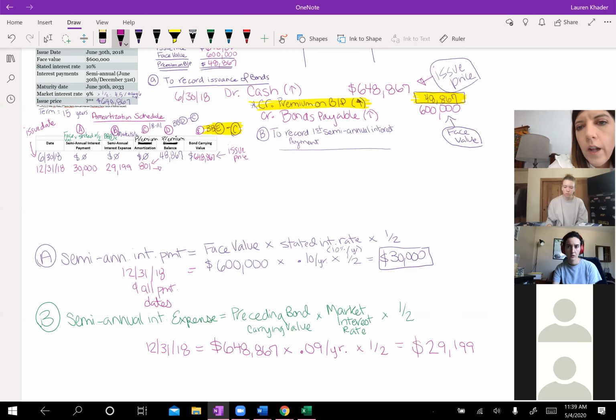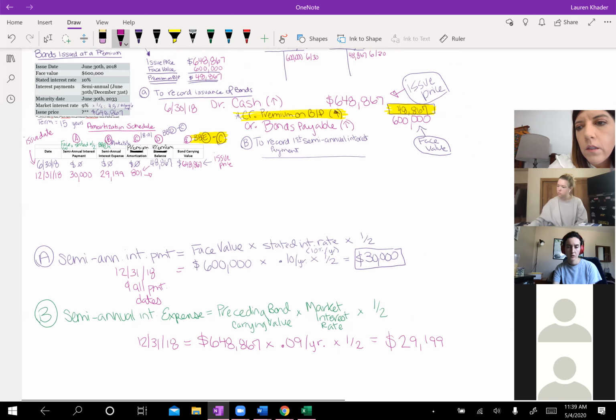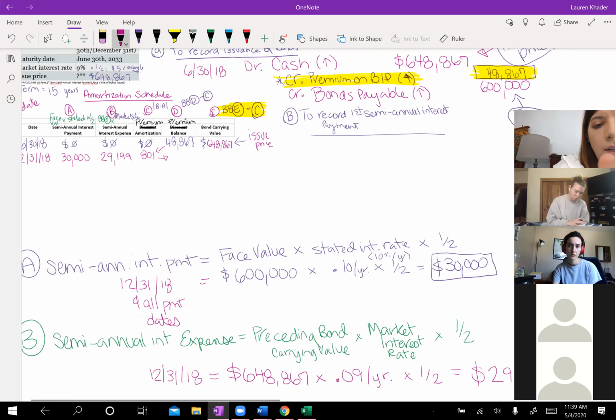Over time, what should happen to that premium balance? Does it go to 0? It needs to go to 0, right? So we're going to subtract the amortization, and my new premium balance becomes $48,066.